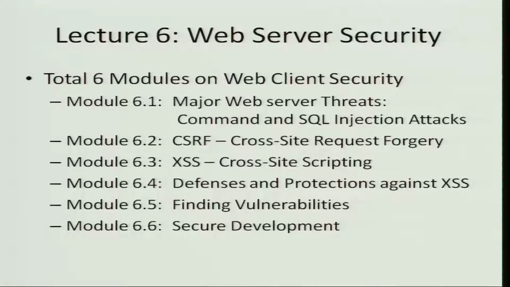There are tools that are used for finding vulnerabilities in the code on the server side, as well as penetration testing for finding various vulnerabilities. And then 6.6 will be a little bit on secure development. So how to create a development environment in which security is taken seriously and as a prime concern.